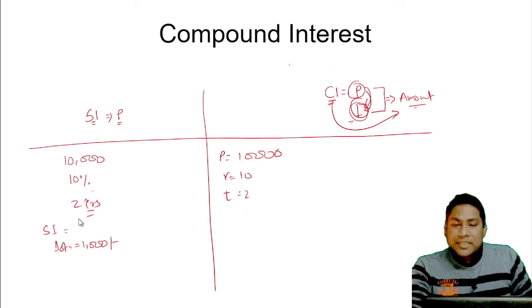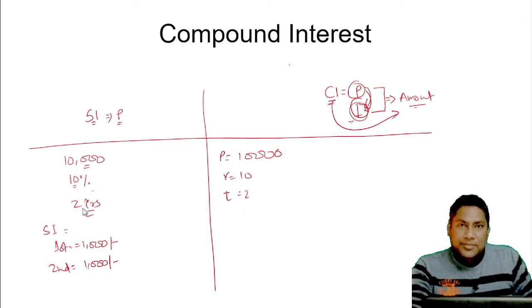And for the second year also the interest is 1,000, because the amount has not changed and the rate of interest has not changed. So the total interest will be 1,000 plus 1,000, that is 2,000 rupees.